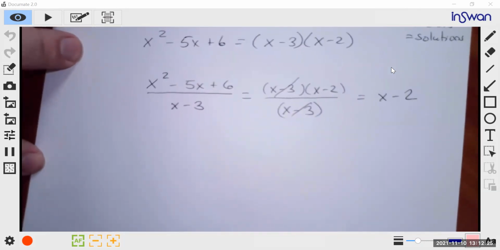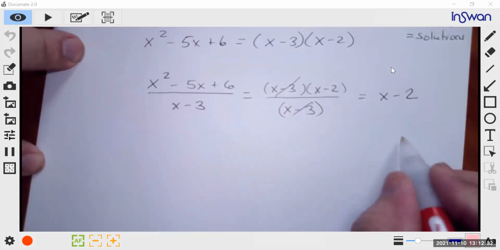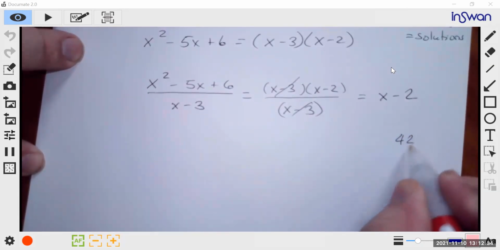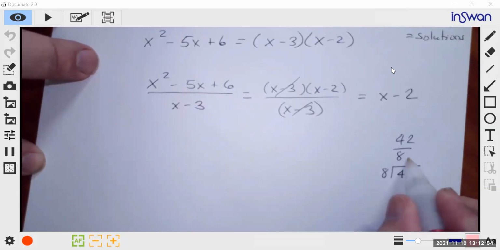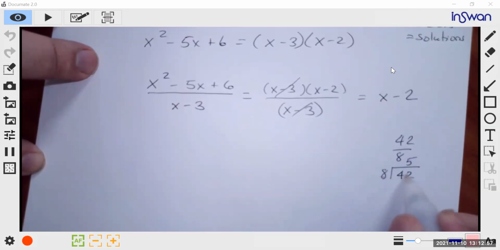You've been doing long division your entire life. Not wrong division, long division. For example, if I gave you 42 divided by 8, what you would do is 8 goes into 42. How many times does 8 go into 42? 8 times 5 is 40. So it goes in there 5 times.